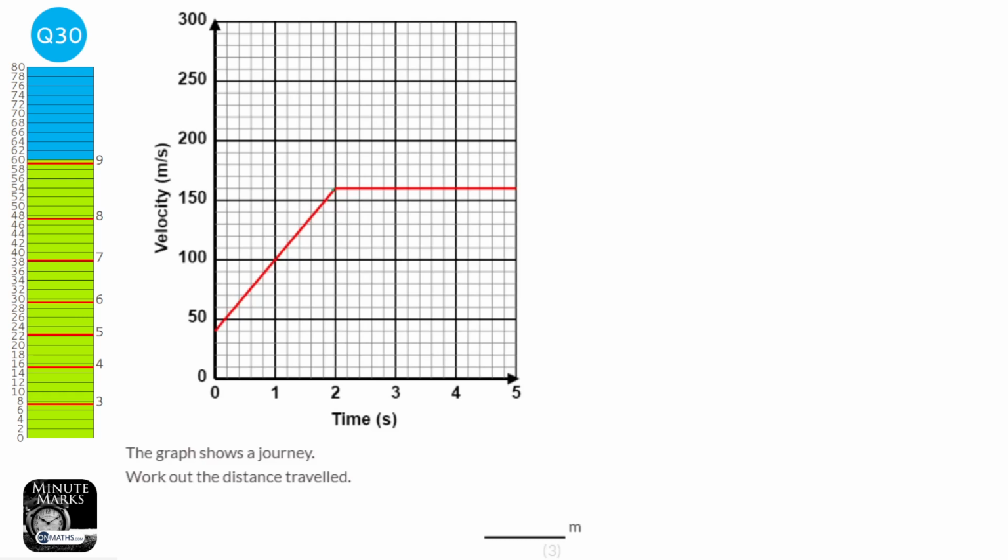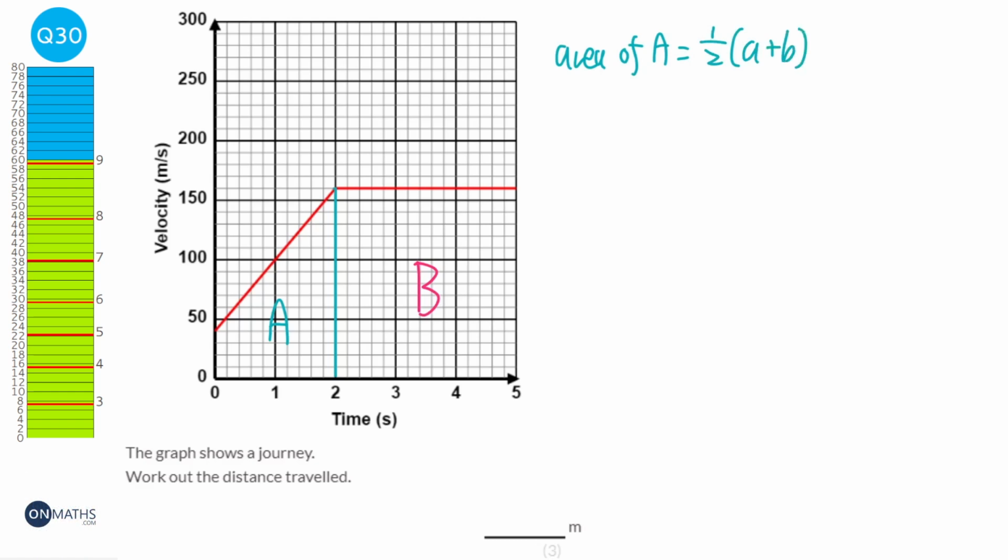To find the distance or displacement on a velocity time graph, we're actually going to find the area underneath the graph. And to do that, we're going to split the graph into 2. We've got the trapezium on the left-hand side, and we've got this rectangle on the right-hand side. So to work out the area of the trapezium, we're going to do half a plus b times the height.